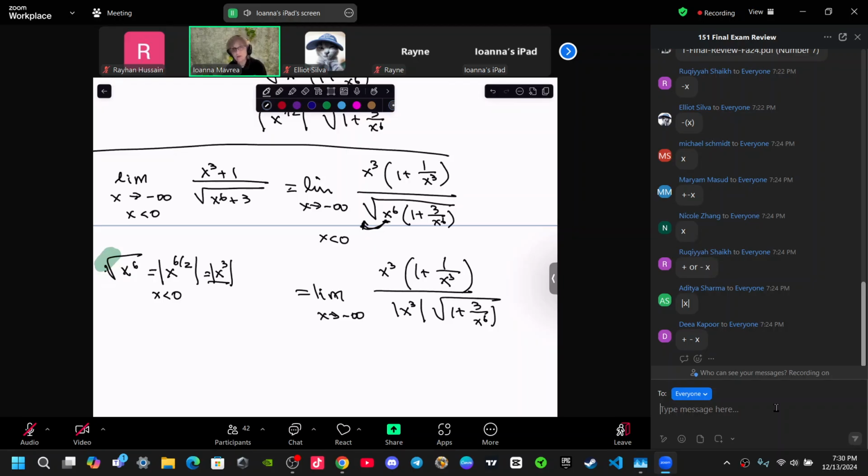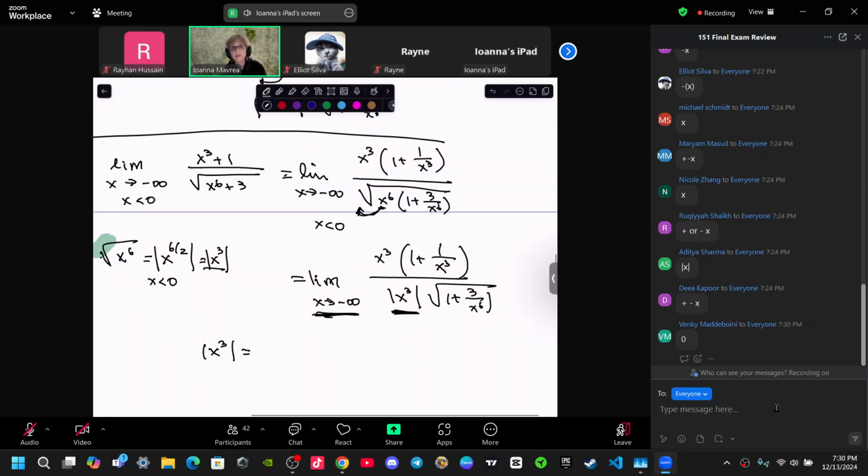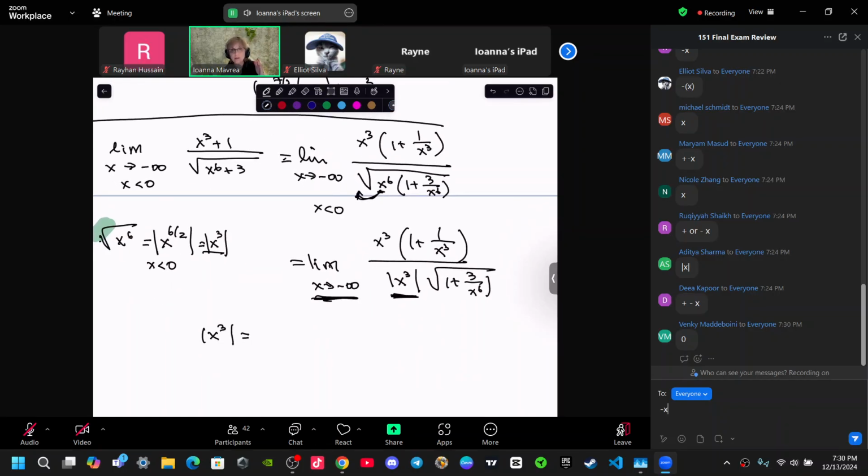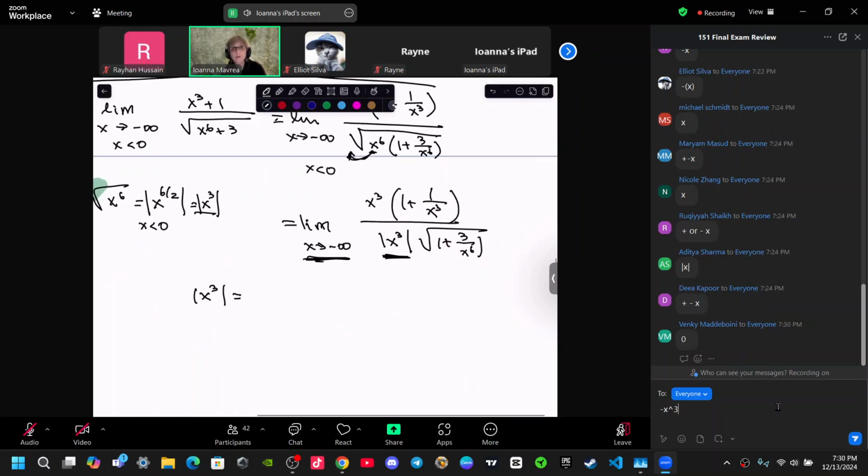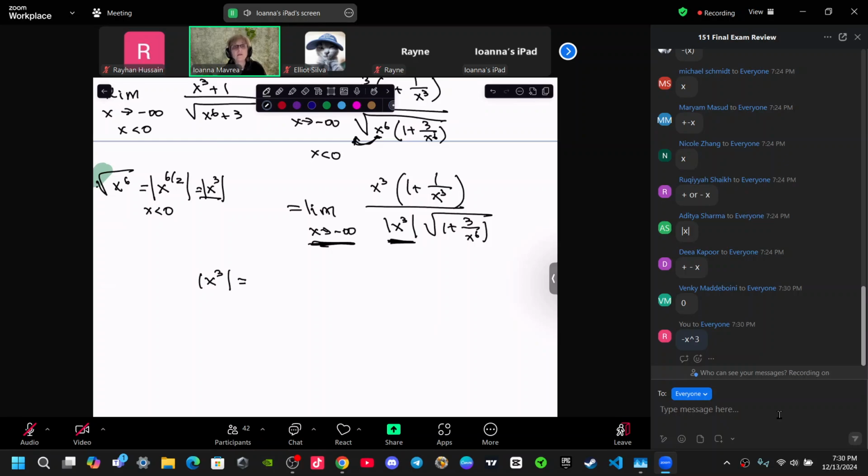So you really want to get rid of the absolute value somehow. And you ask the question, okay, what is x doing? X is going to negative infinity. So this absolute value of x to the third, what do I write? What is that equal to? Since I know x goes to negative infinity, I'm not saying what the limit is. I'm asking you, how do I get rid of the absolute value in this case?